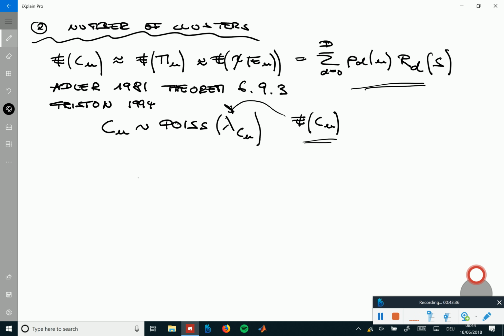So what does this mean a little bit more intuitively? Poisson processes you can understand as things that happen independently over space at a given rate. Friston et al. discussed that in terms of radioactive decay, which is a little bit confusing because radioactive decay is a process over time.